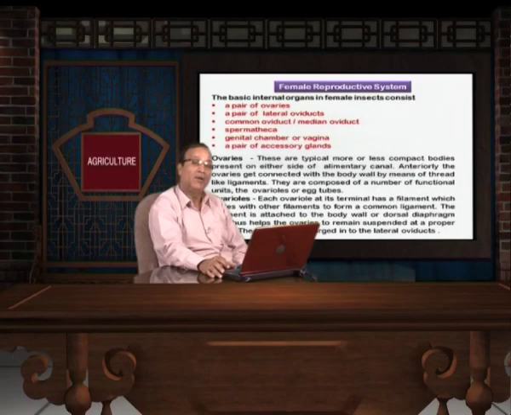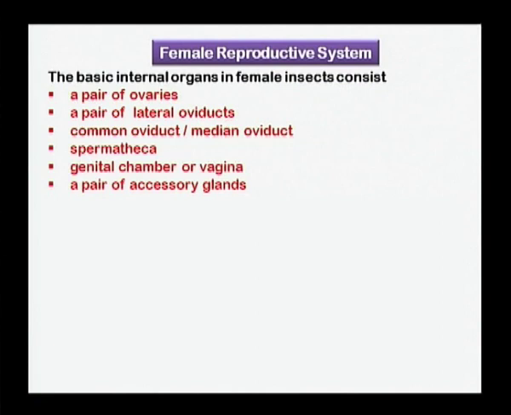Now, if we talk about the female reproductive system, then it consists of a pair of ovaries, a pair of oviducts, then a median oviduct, and spermathecae.